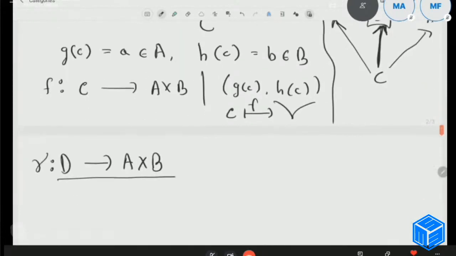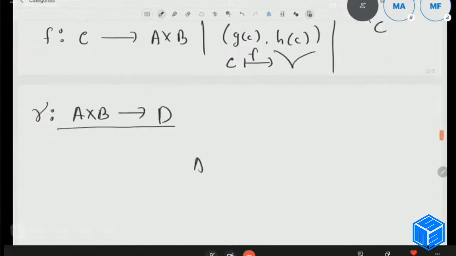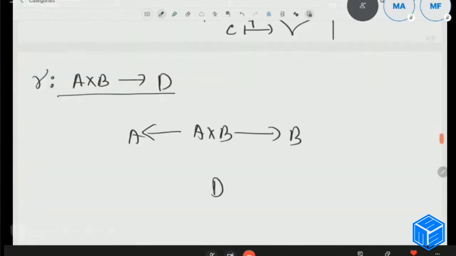What can we do? Or perhaps the other way around is easier, A cross B to D. What do we do? We have A cross B with two maps to A and B, pi A and pi B, and we have D also with two maps going into A and B, alpha and beta.